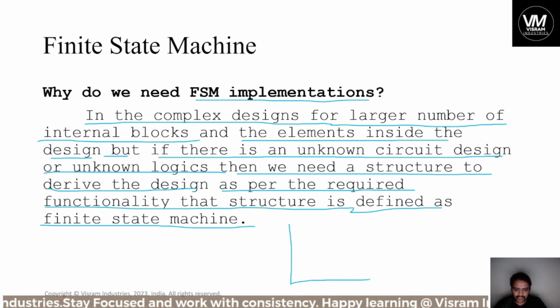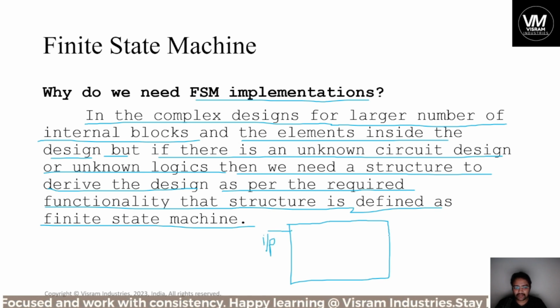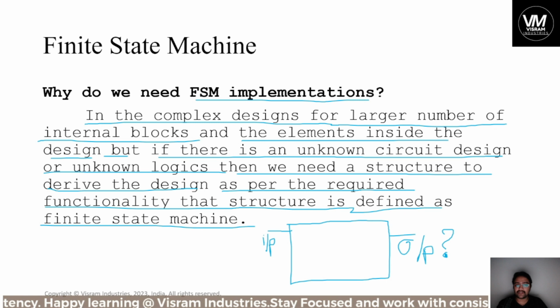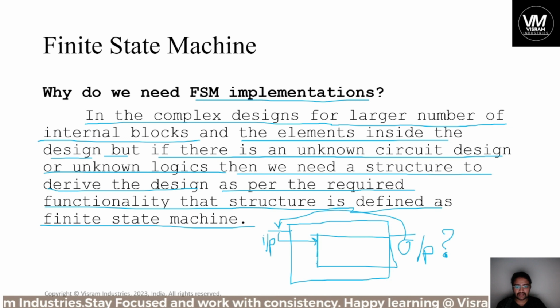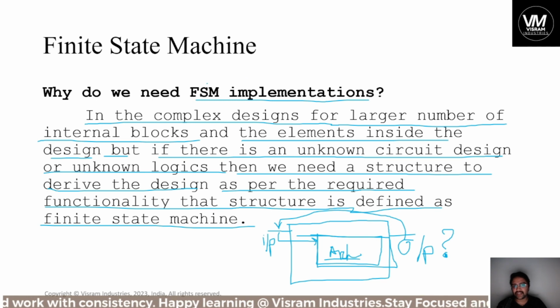So if we have a black box with inputs and outputs, and you know what output you are expecting, then to achieve that output from the given input there should be some process inside, an internal architecture of the chip. That architecture is nothing but the FSM implementation, the finite state machine.